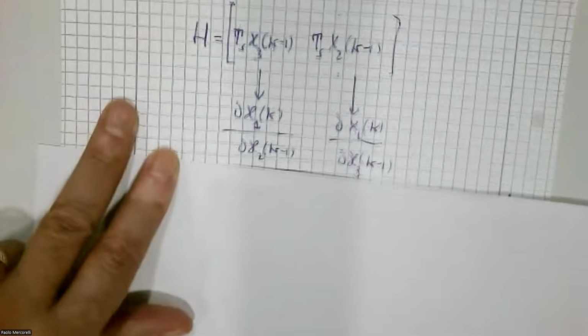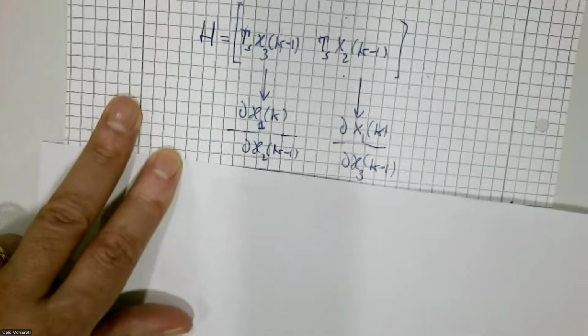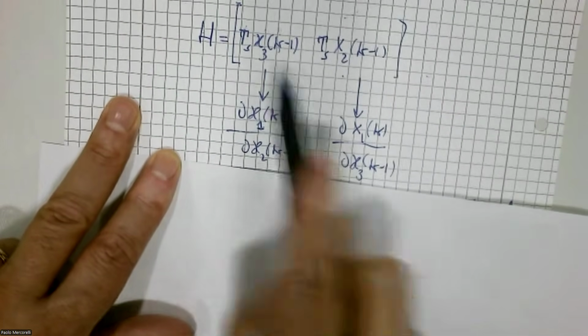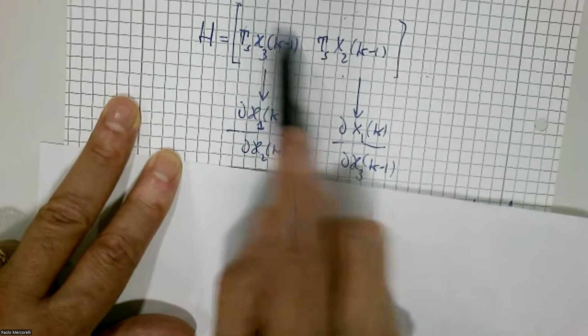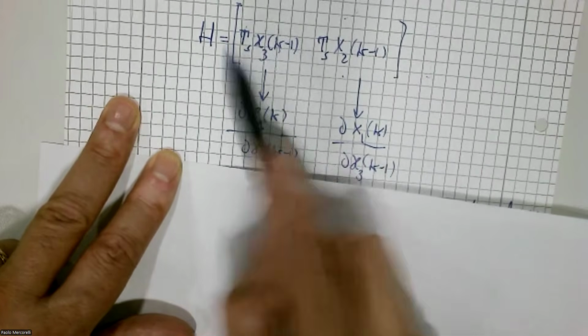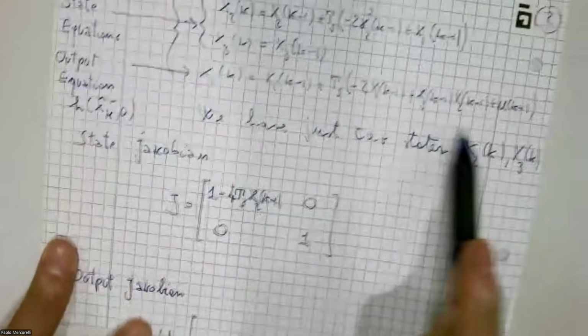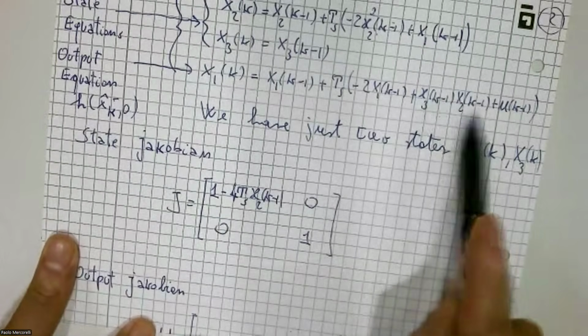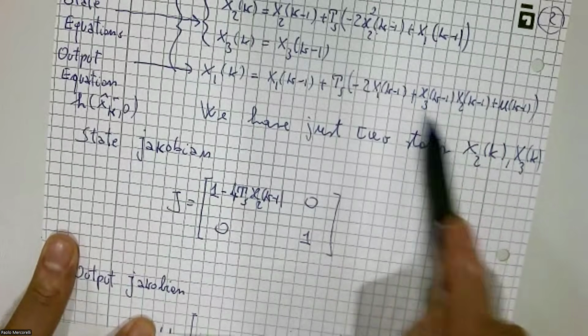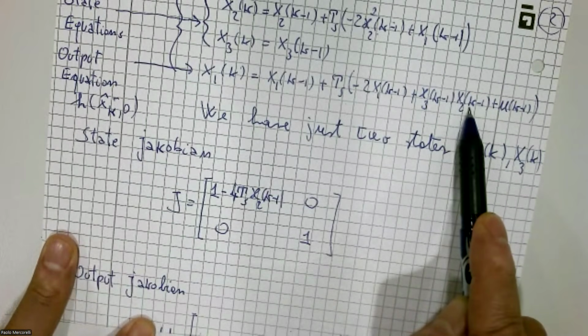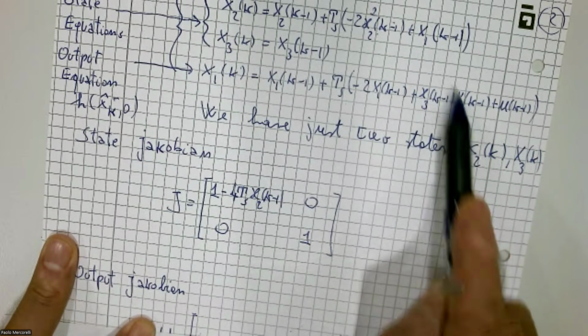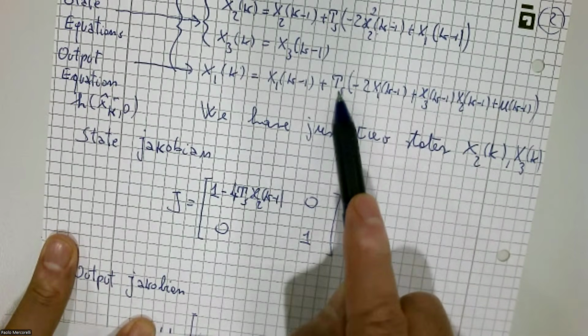This is very important. It's free. How to represent the system is free. The derivative. Why this one? x1 of k with respect to x2 of k minus 1. This means I have to consider just this element here. With respect to x2 of k minus 1, I have just this element here, which multiplies ts. Is it that?